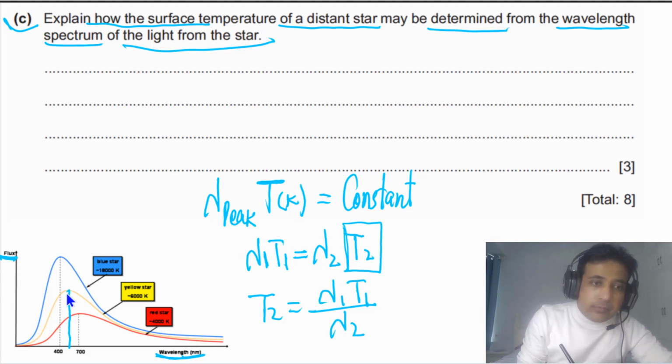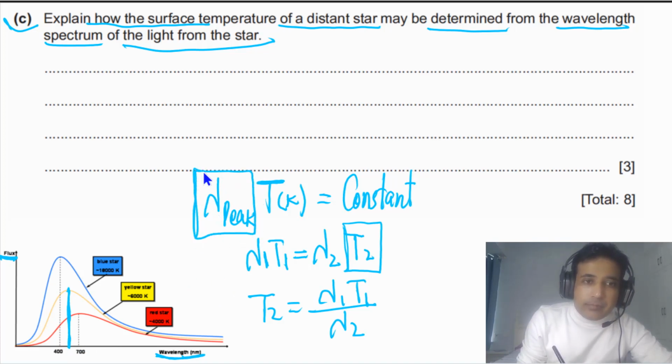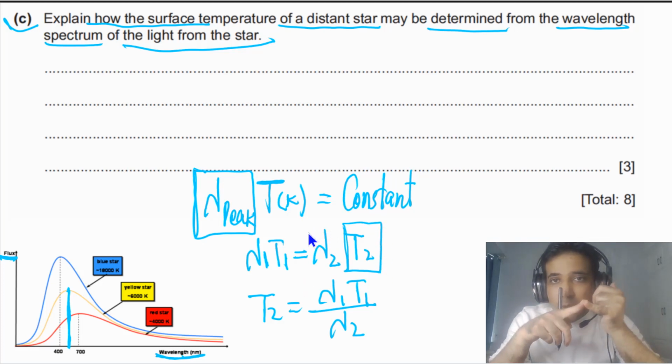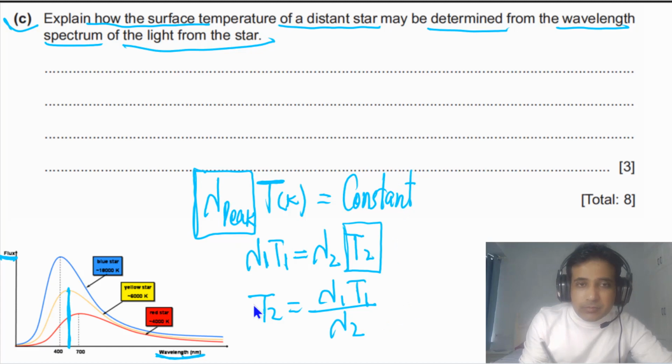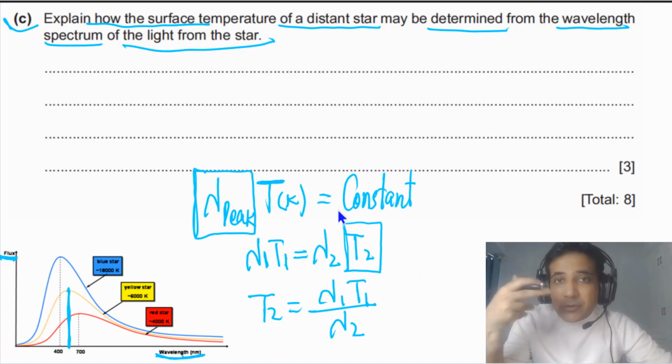When you have the value of lambda peak, then you can look for another star which has a known value of lambda peak and a known value of surface temperature, and then you can use Wien's displacement law and find the surface temperature of the unknown star. So this is how we use Wien's displacement law.